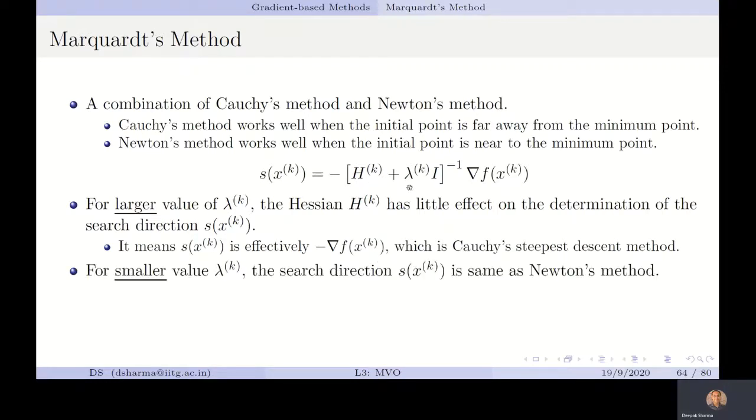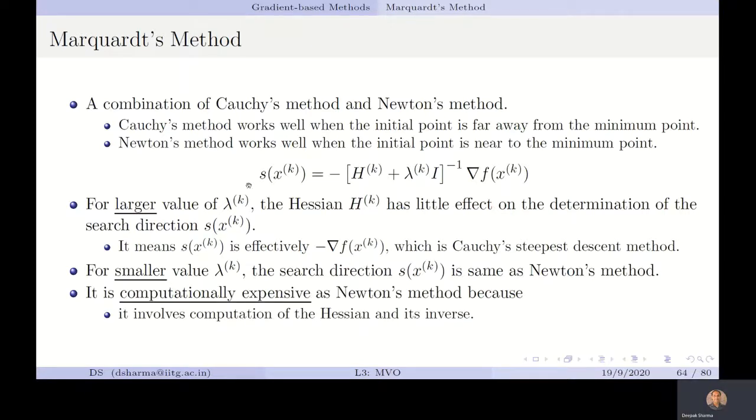Now let us look at the formula again. If the lambda value is small, this means the Hessian has more contribution than the lambda I part. So the whole matrix will behave like an inverse of the Hessian matrix. So the overall direction Sk will become the direction of the Newton search method.